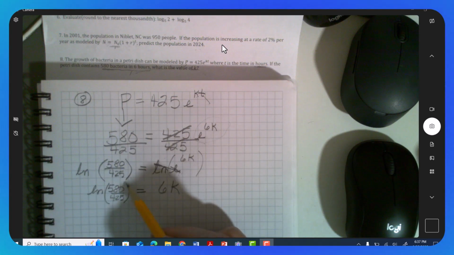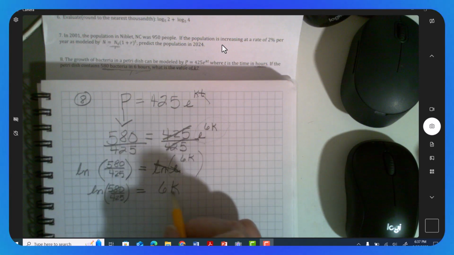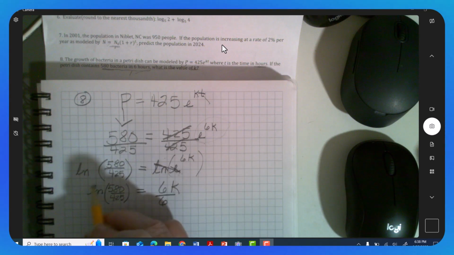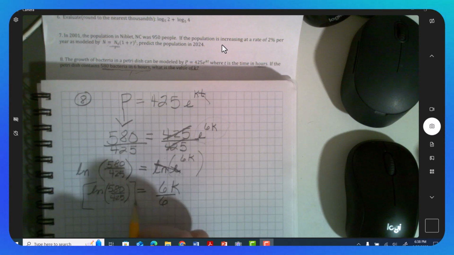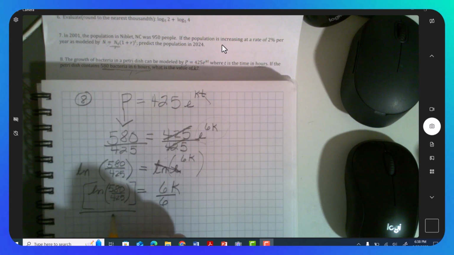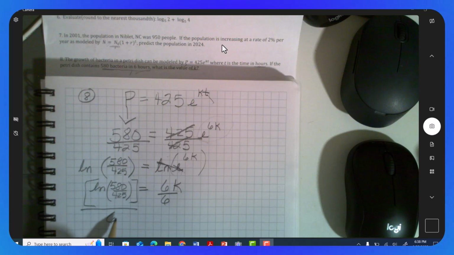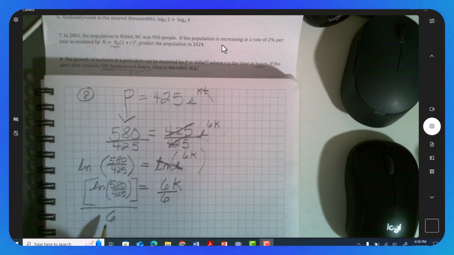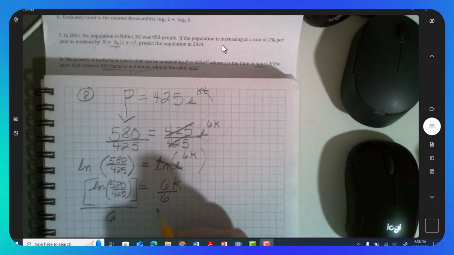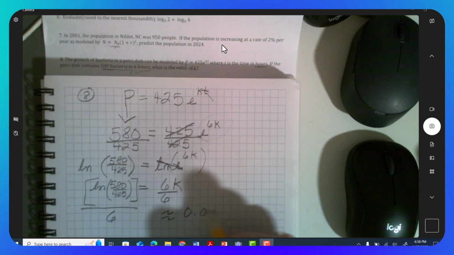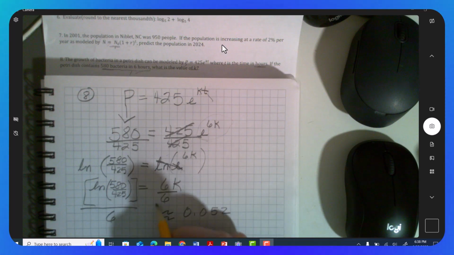So I'm going to, again, save this for my calculator. Solving for k, the last step is to divide all of this by 6. Putting that into the calculator, I think I come out with, and let me check my work, approximately 0.052 for k.